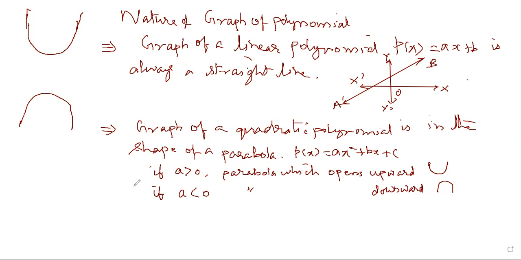Okay, and one more thing you can say is that the graph of a quadratic polynomial intersects the x-axis at a maximum of two distinct points.